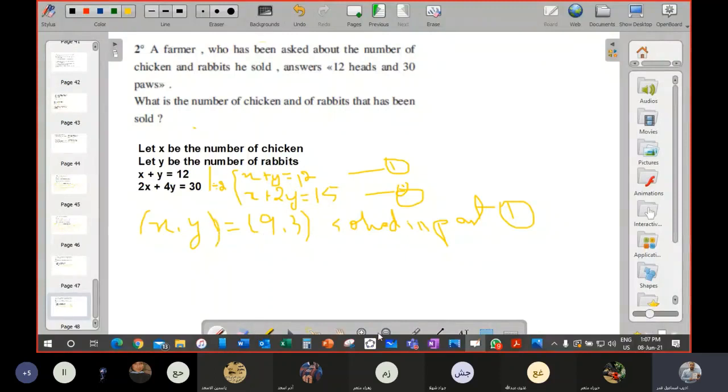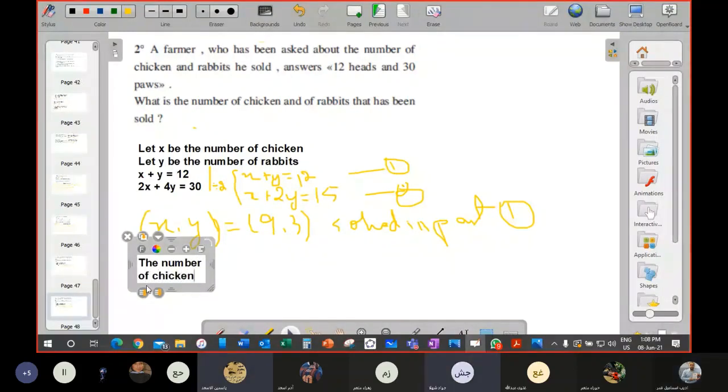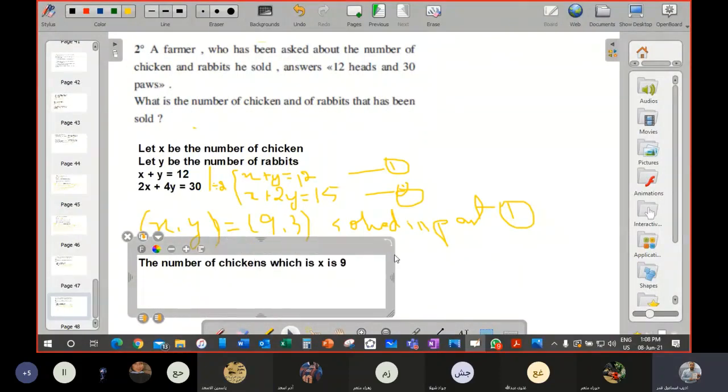So now the interpretation. How many chickens do we have? The number of chickens, which is x, is how many? 9. So we have 9 chickens.